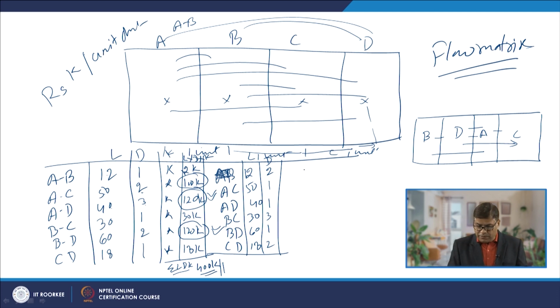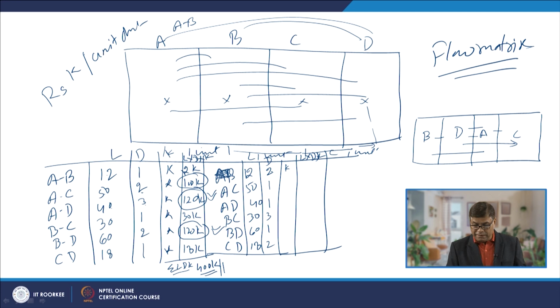Now, if the cost per unit distance is the same, K, in all the cases, then the product of all these 3, load into distance into cost, will give us the different quantities.